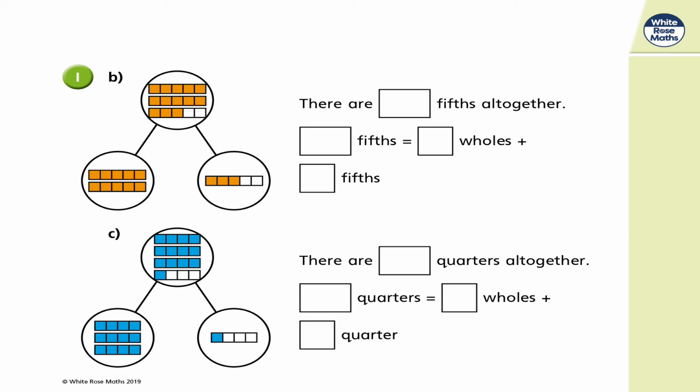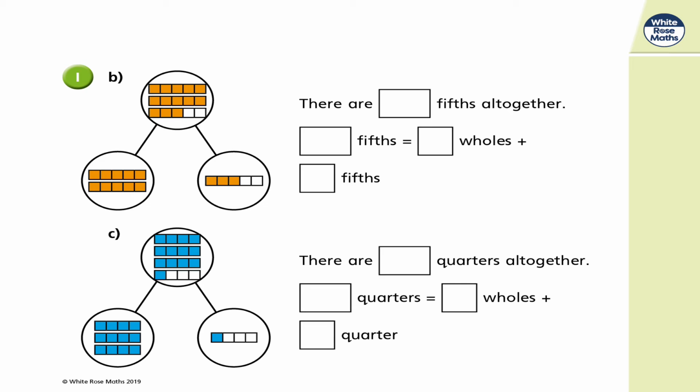Okay, let's have a look at C, shall we? Okay then, I know that the bars are divided into 4, so each part is 1/4. Okay, so how many quarters are there altogether? I know there's 4, 8, 12, 13.